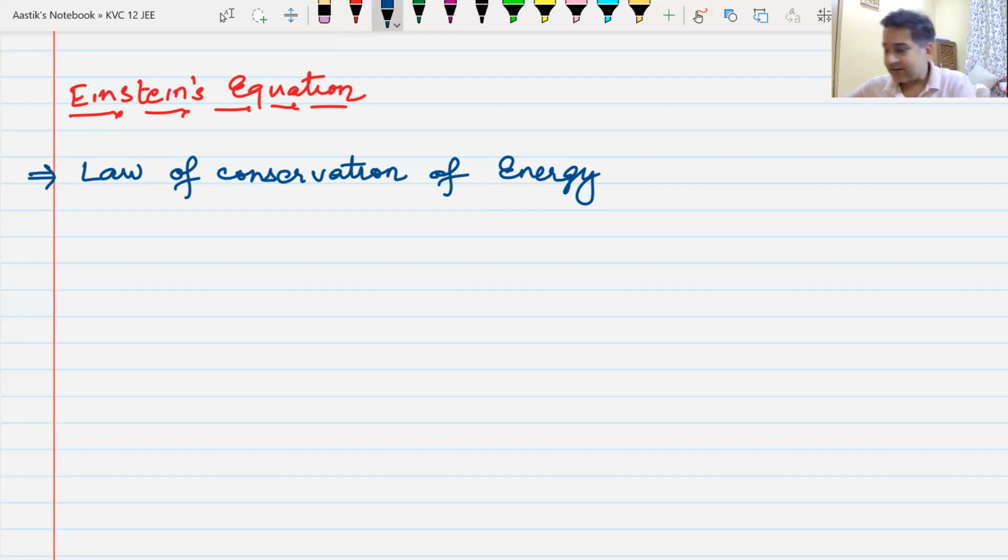So one electron, as I said, will be hit by one photon. If there are more photons, more electrons would be hit, and therefore more would be the photoelectric current.